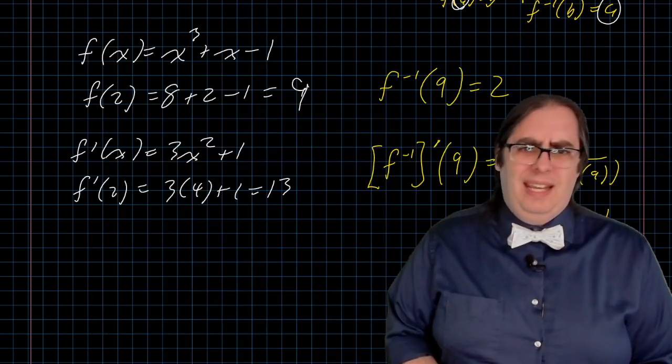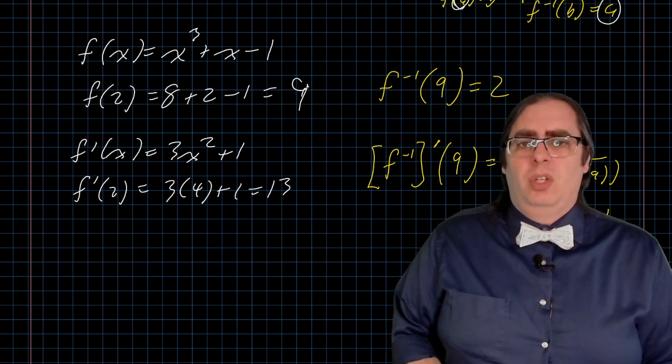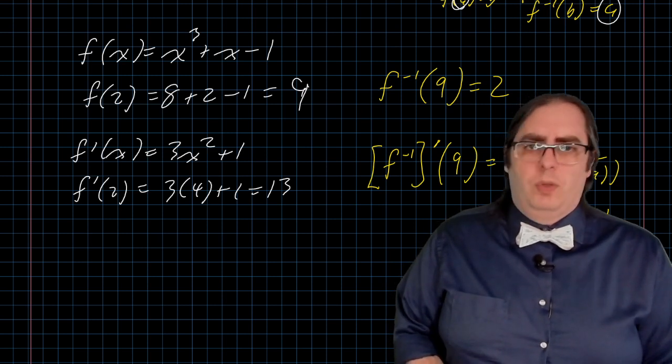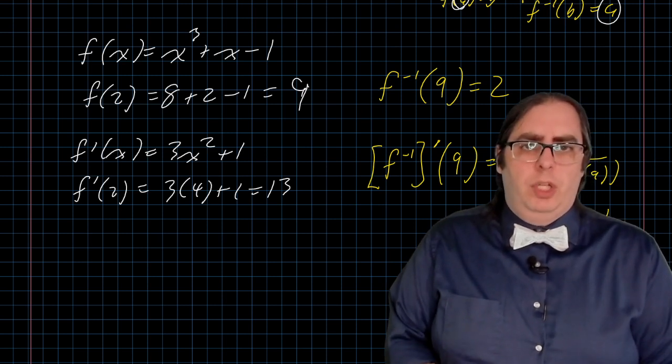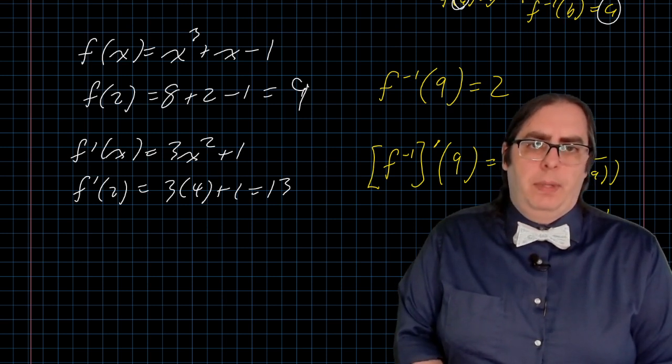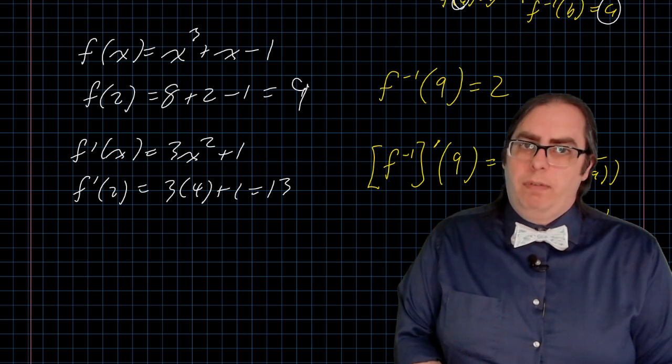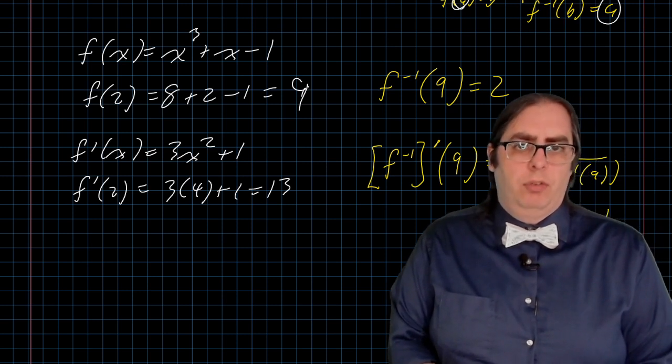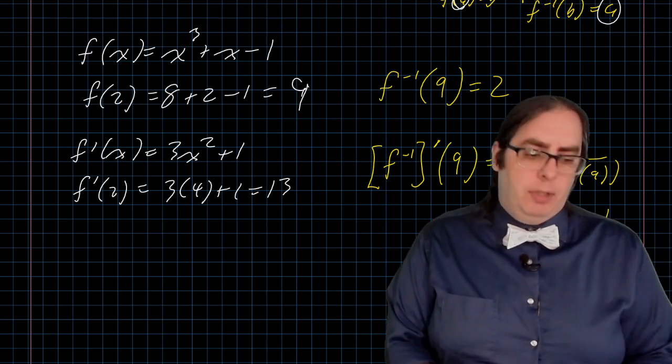Okay, yay, I guess. We're able to take the derivative of a function we don't know because we know things about its inverse. But once we're able to take the derivative, we're able to do other things, like a tangent line approximation.